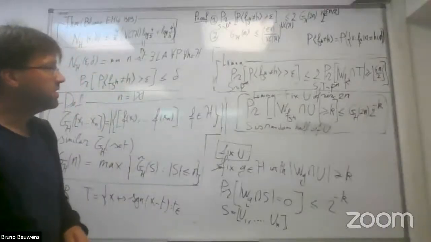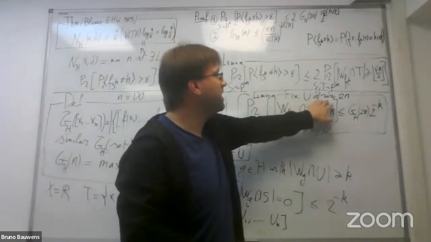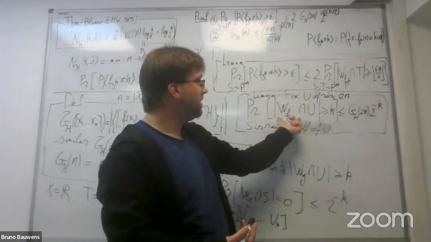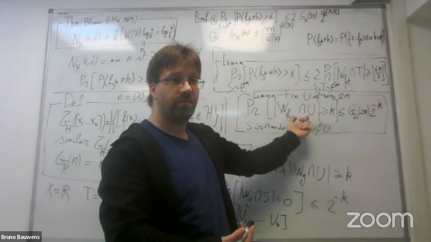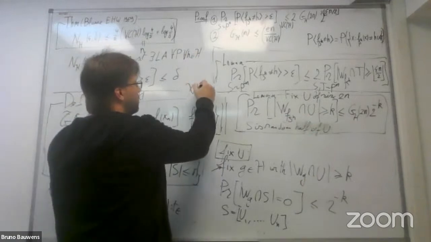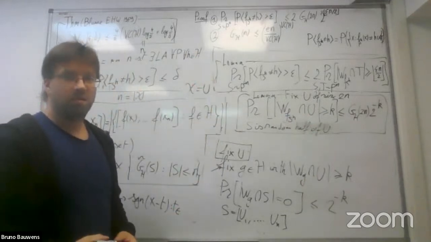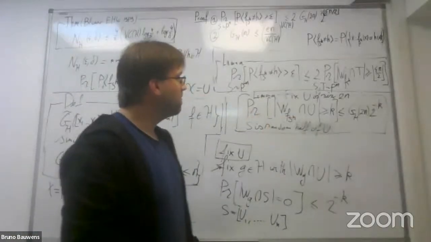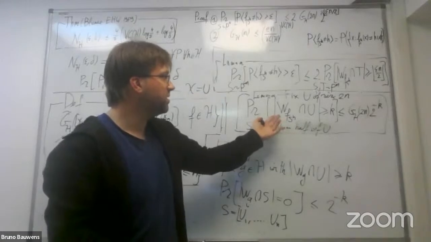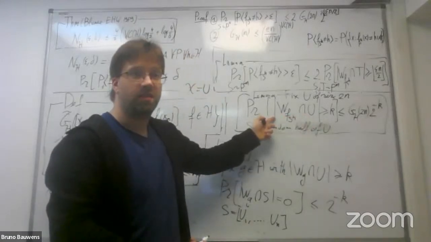Could you please explain once again how we get the growth function in the last proof? Okay. In the lemma, we have fixed U of size 2n, and we only care about the intersection of mistake sets inside U. So we can think that X is equal to U. We don't care about values of functions outside U because they cannot change the size of this set.